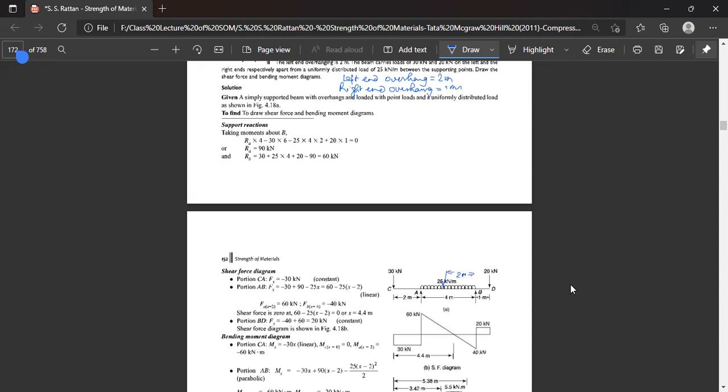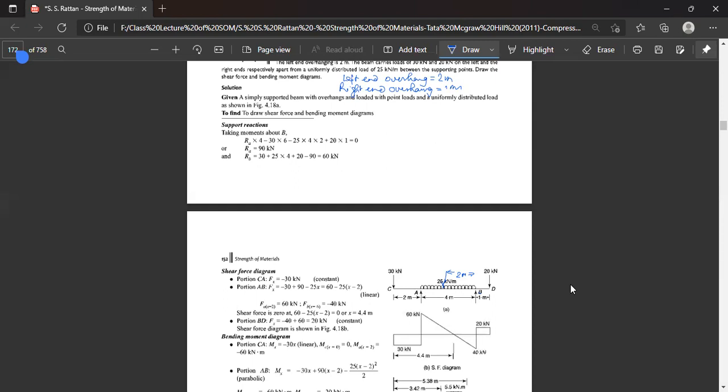So 25 into 4 is 100, multiplied by 2, which is also anti-clockwise in nature, and 20 multiplied by 1, which is clockwise in nature. So RA will become 90 kilonewton, and RB will become 30 plus 100 plus 20 minus 90, which is 60 kilonewton. So we got RA and RB both pointing upwards.